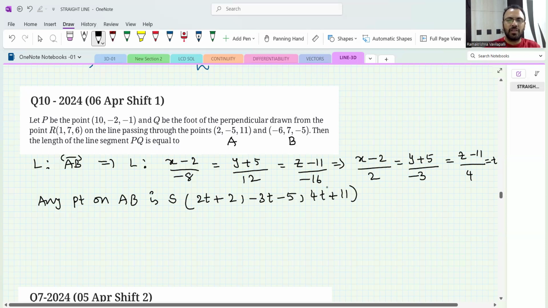Assume that this is the foot of perpendicular from R on L.